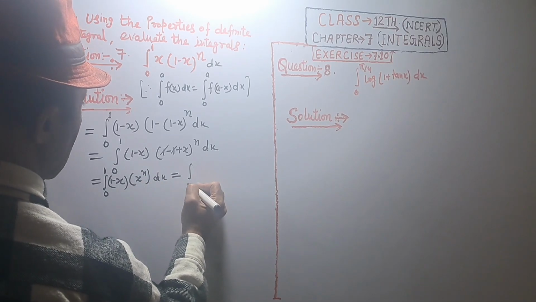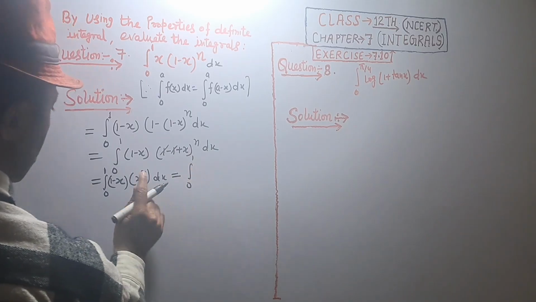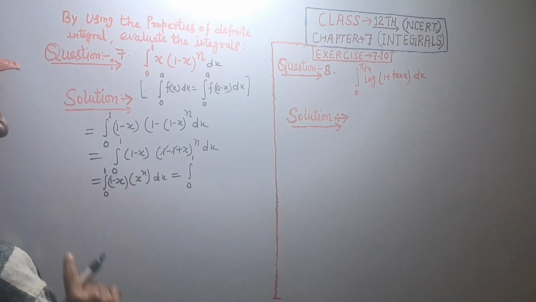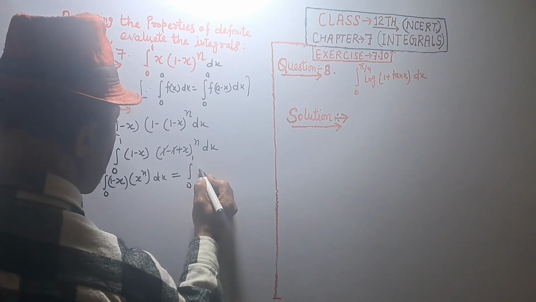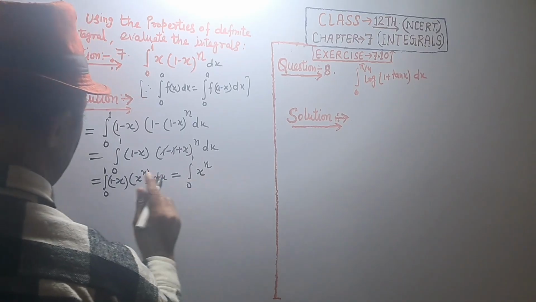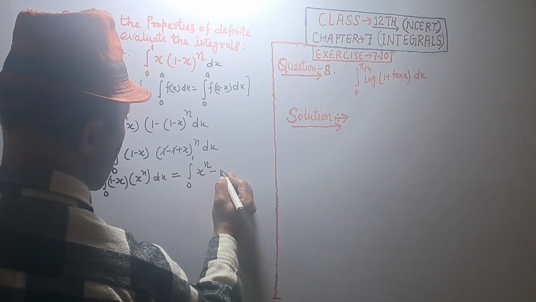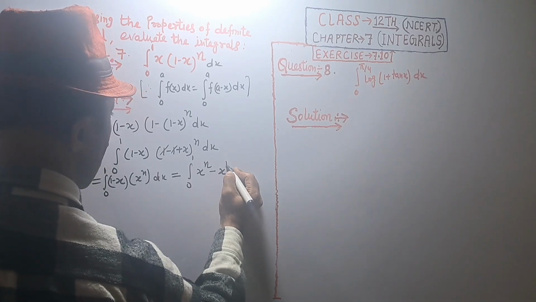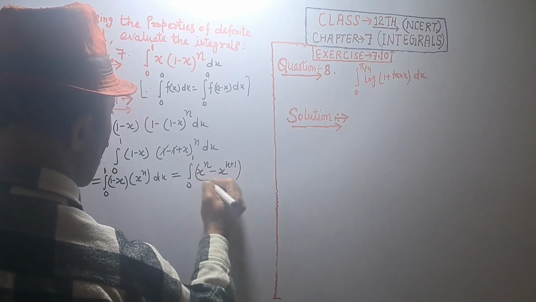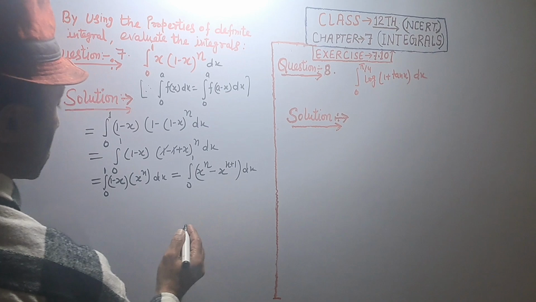That is equal to integral 0 to 1: x raised to power n multiplied by 1 is x raised to power n, and x raised to power n multiplied by x is x raised to power n plus 1, dx.